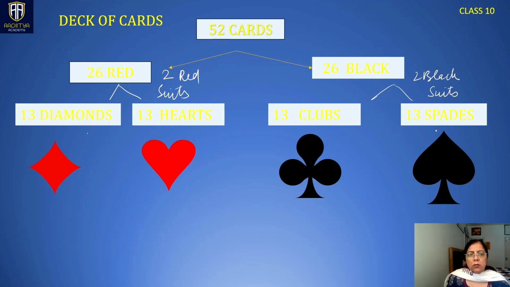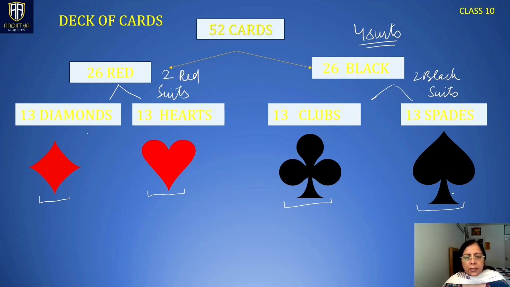This segregation is called separation of suits. So we have 4 suits in all, out of which two are red and two are black. Diamond and heart are the two red suits. Clubs and spades are the two black suits.